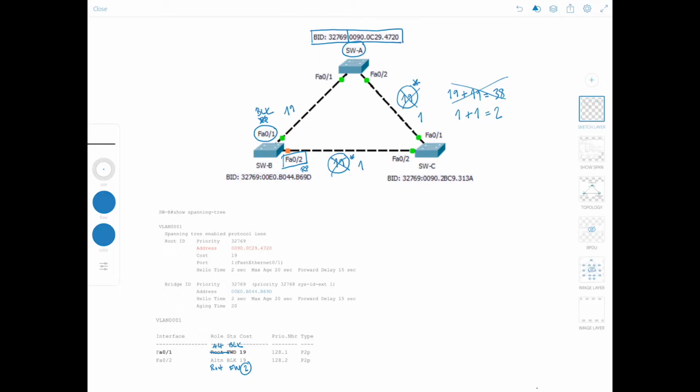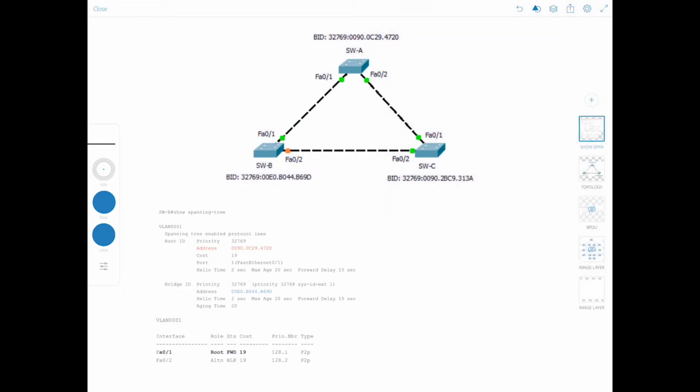But now let's go back to the original scenario and revert these costs that we've just changed back to their default values, which was 19. So let me clear out this information and start from a new layer.